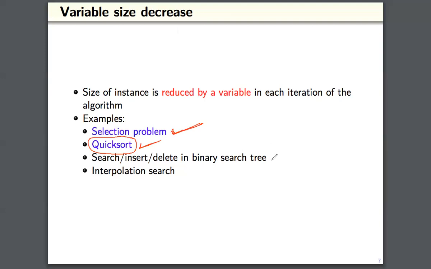What about searching in a binary search tree? Is this decreased by a constant factor? No, right? If you are given a tree like this, then the decrease is by a constant. But in a binary search tree, anything can happen.